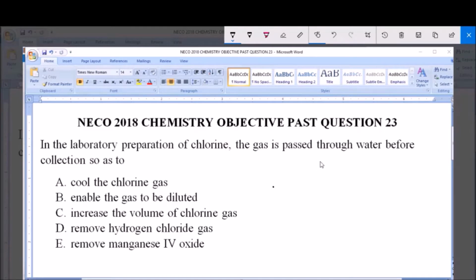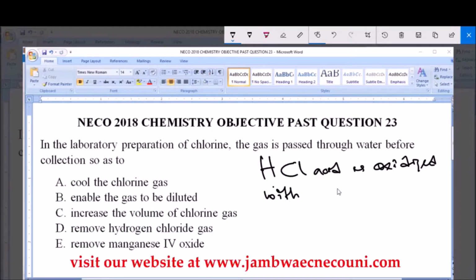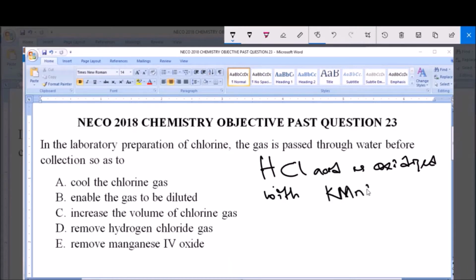hydrochloric acid is oxidized using potassium tetraoxomanganate VII, KMnO4. Now, once this hydrochloric acid, HCl, touches this potassium tetraoxomanganate VII, what happens?